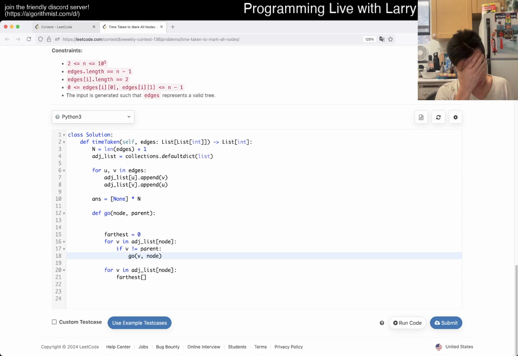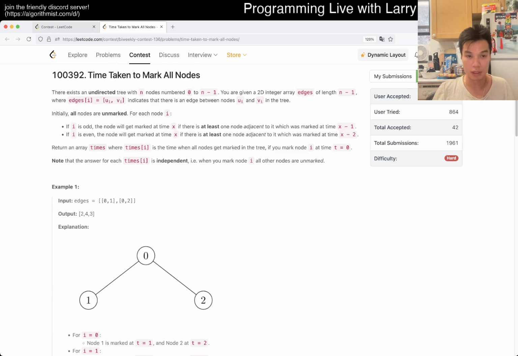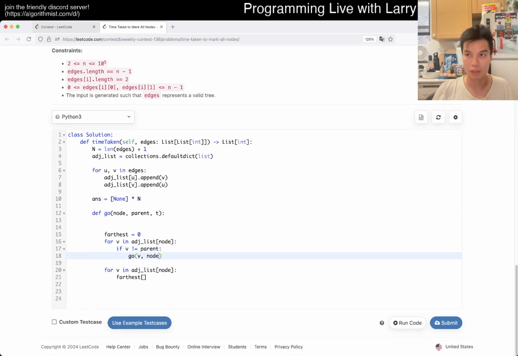Okay, so you store all the children, right? And then you have the parent. So you have to do time, right? So if I is even, then it's this time plus 2, right? Okay.